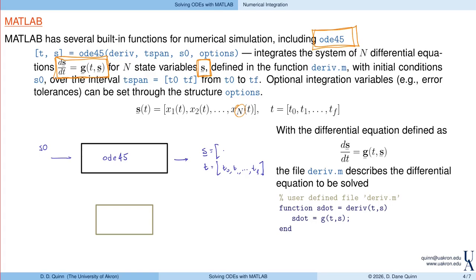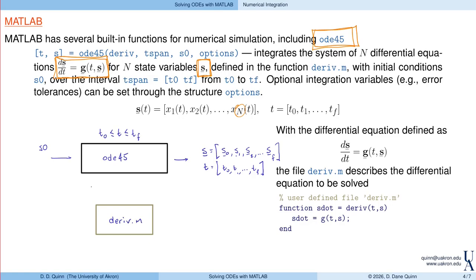And S would actually be a big array of coordinates. So each one of these S's is going to have all of these coordinates in here. So it would give us S0, S1, S2. Those are all the solutions at these various times that MATLAB also gives us. So again, our solution is generated between t0 and t final, but we have to tell MATLAB what the function is that we want to solve.